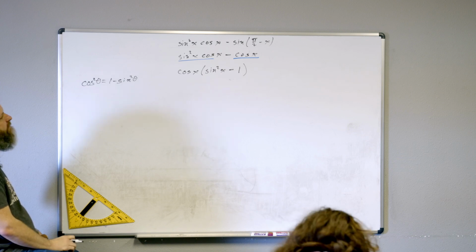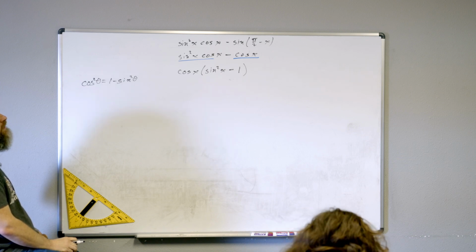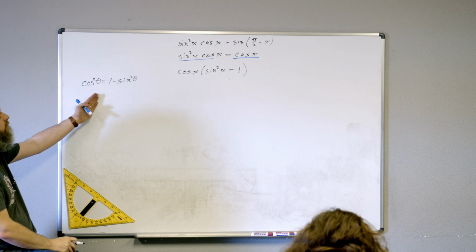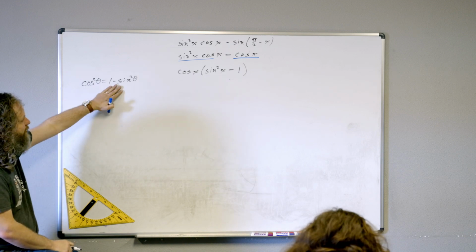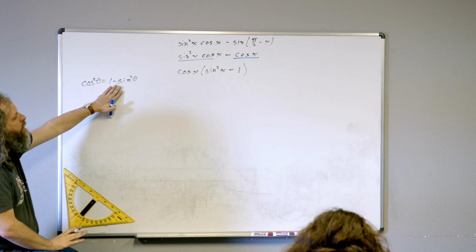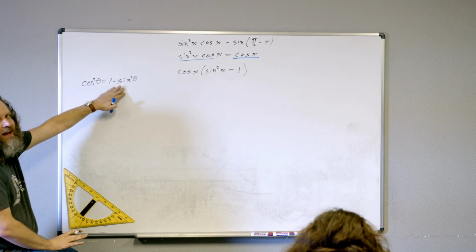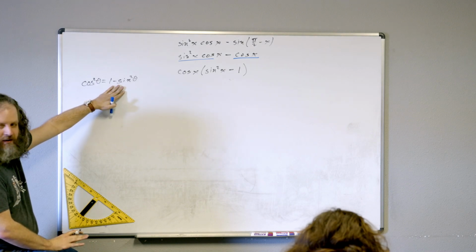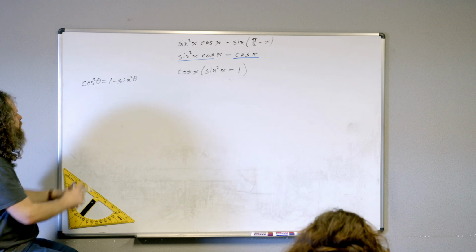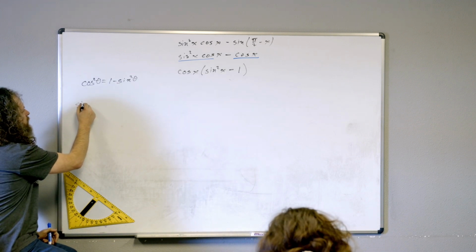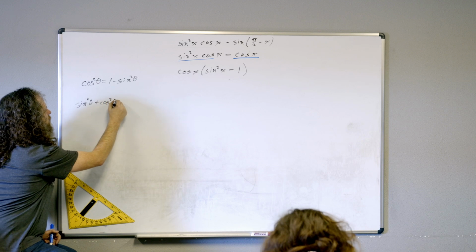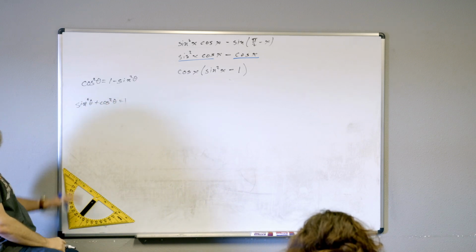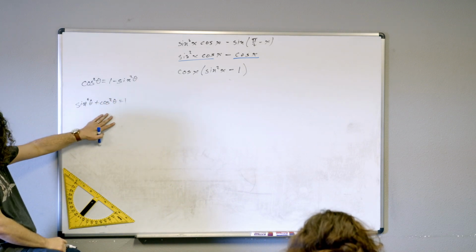Factor out a negative here. Then subtract sine squared from both sides of the identity.